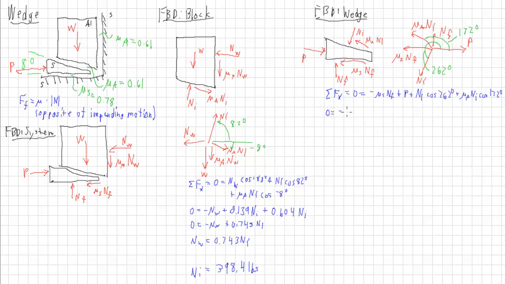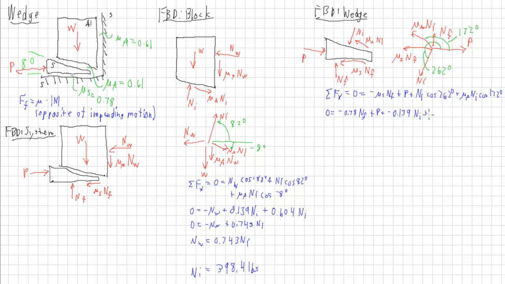And that mu s is 0.78. And we still don't know NF, so we'll keep that as a variable. P is still what we're trying to find. The cosine of 262 degrees is negative 0.139. Multiply that by Ni.